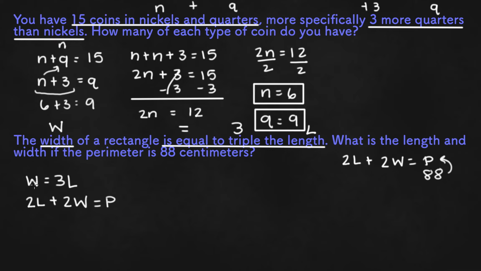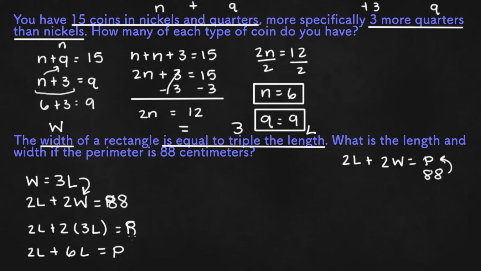So since W is isolated here, we can plug in 3L for W right here, and we get 2L plus 2 times 3L equals P. If we distribute, we'll get 2L plus 6L, 2 times 3L, equals P. And this P should be 88 right here.